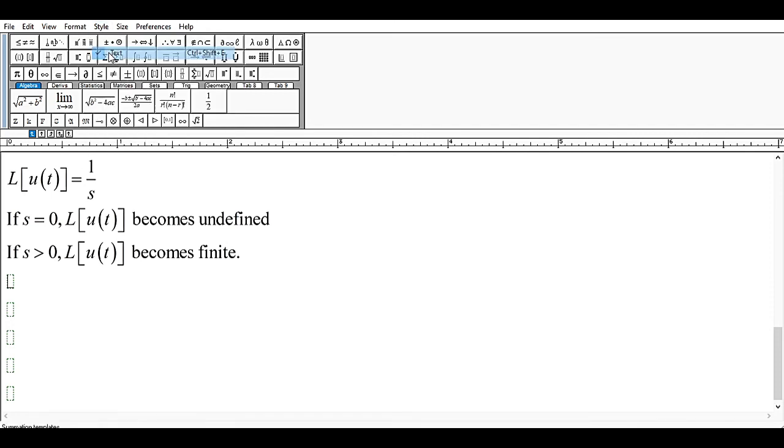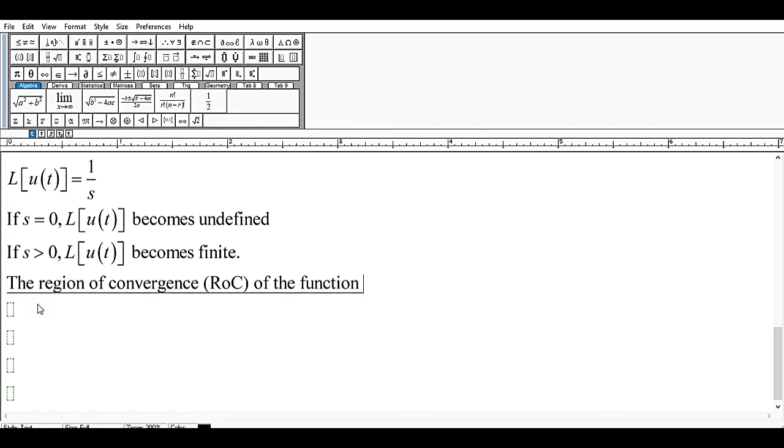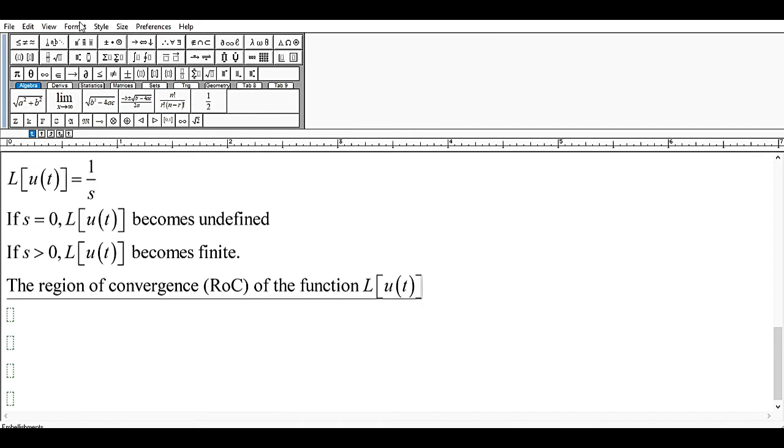So in terms of region of convergence terminology, one can say that the region of convergence, that is ROC, of the Laplace transform of the unit step function will be real of s greater than 0.